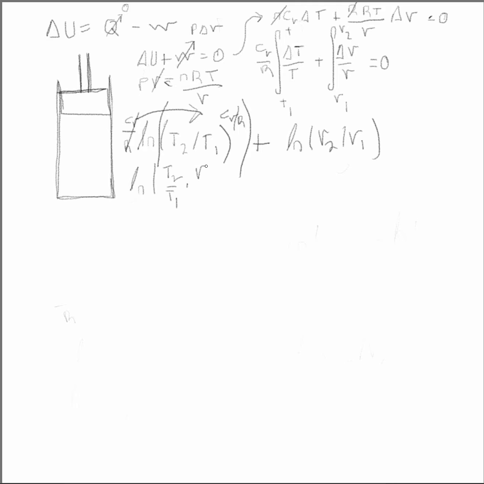Now we're multiplying. We're combining the arguments and multiplying instead of adding. And this is all raised to the C sub V over R. This is equal to 0.